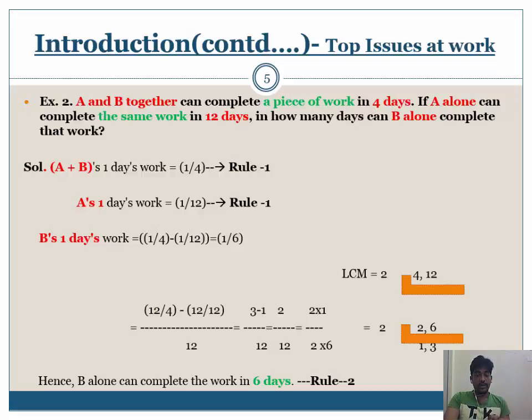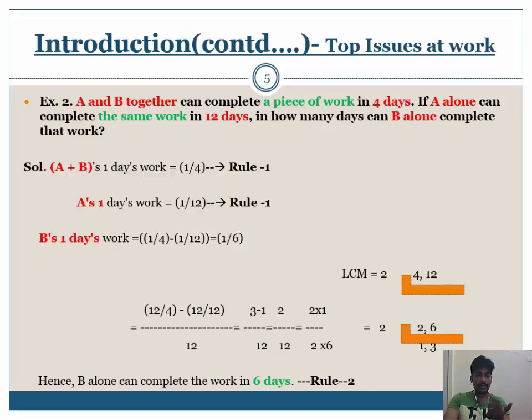We need to find out how many days B alone will take to complete the work. We know the total, and we know one person's work, so we can calculate by subtracting A's work from the total work. That is 1 by 4 minus 1 by 12.